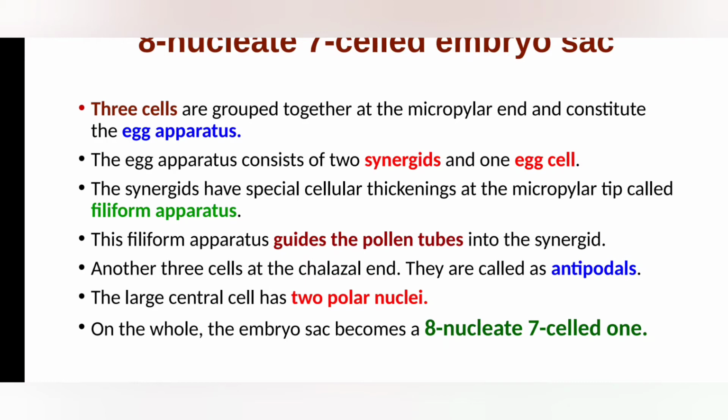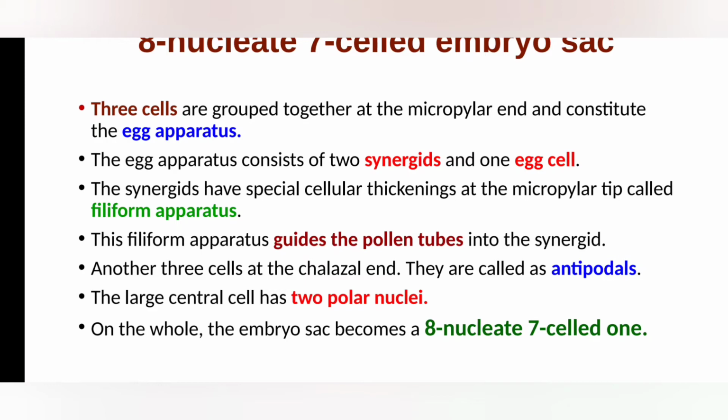At the bottom of the diagram, we have seen 2 cells in the synergids and 1 more in the egg cell. So the egg apparatus consists of 2 synergids and 1 egg cell. So what is meant by egg apparatus? It consists of 2 synergids and 1 egg cell.